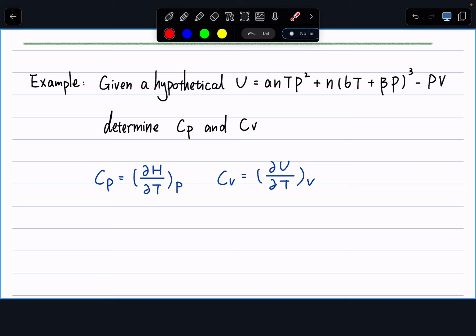All right. But what about Cv? Any of you have any clue about whether or not we can solve for Cv? Or do you feel like you're getting there, you just need more time?